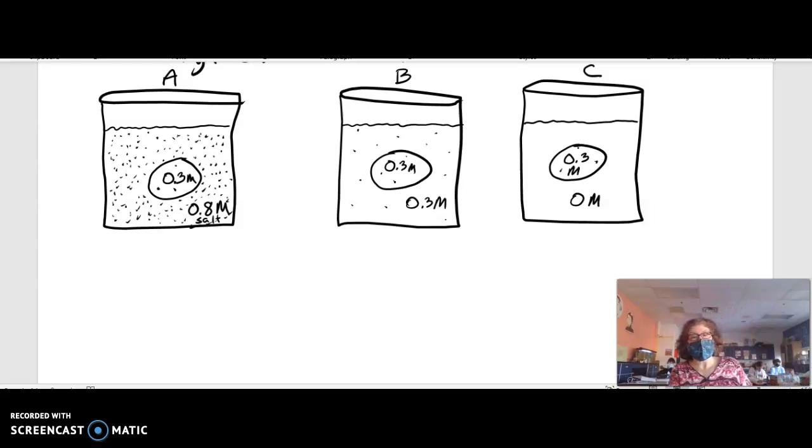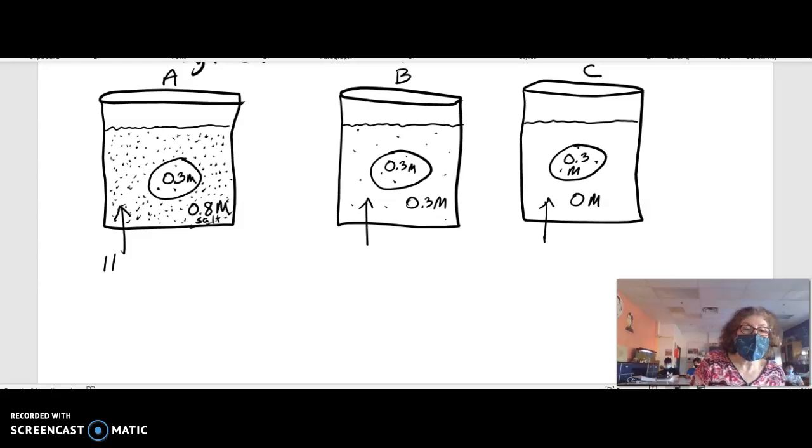Now there's another way to describe this. We're going to give a label to each one of these solutions that are outside the cell, a special term that you'll see in the textbook, you'll see in the Ed Puzzle tonight, and you'll see on the SOL exam. You are right, you are ahead of me, Lauren. Very good. The first one, this solution outside the cell is hypertonic to the inside of the cell.